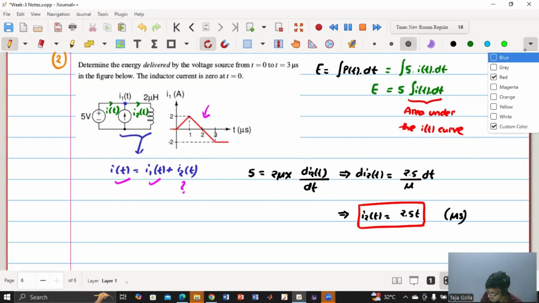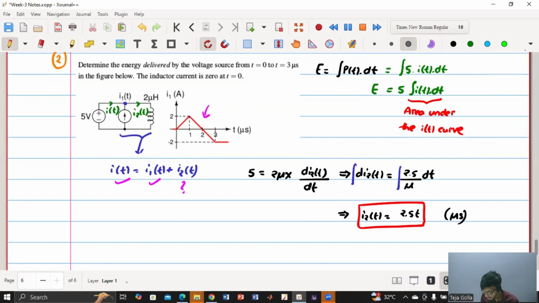Now if I do the integration, I'll have I2 of t on the left side, and the integration of 2.5 is 2.5 t. Actually t is in seconds, right? But there is micro in the denominator. So I am writing t in microsecond. Here t is in microsecond.